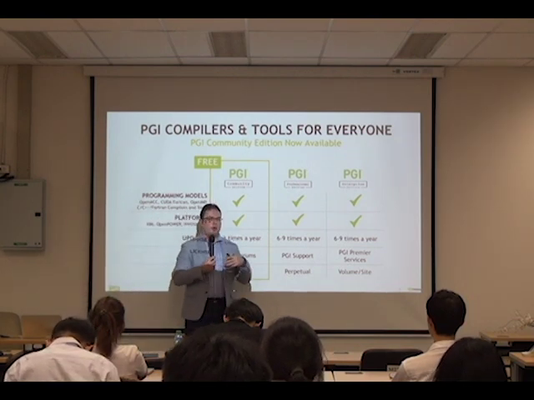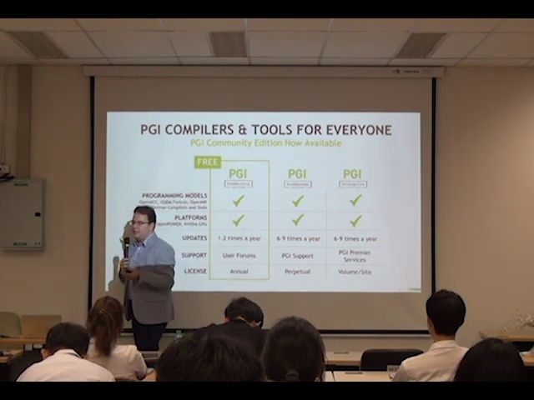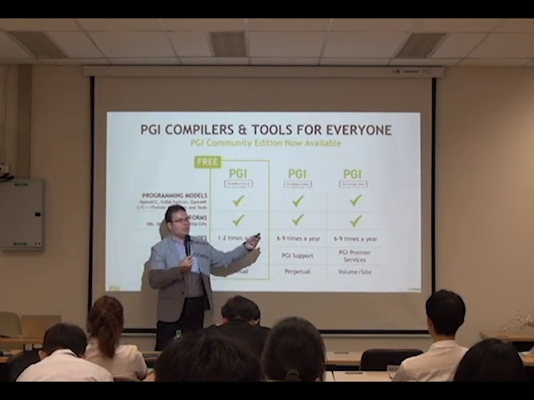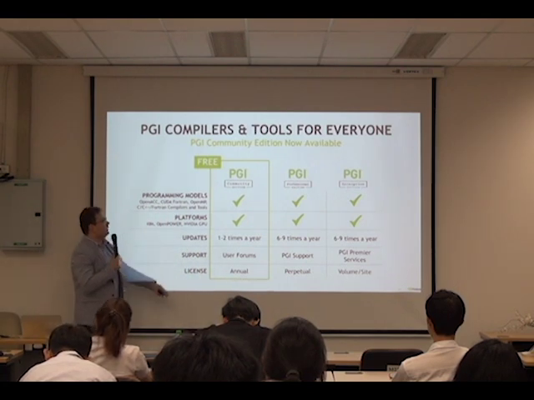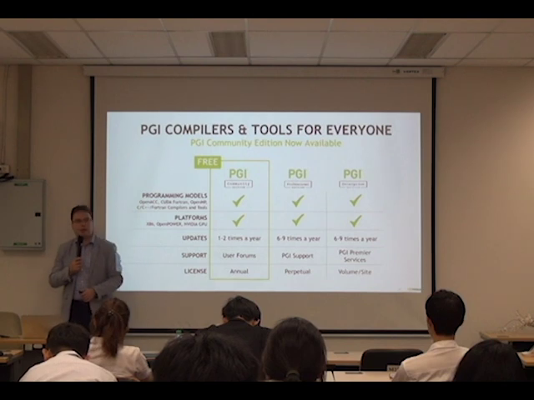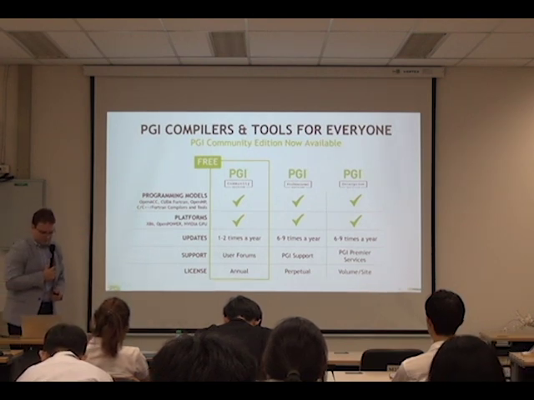If you want to go more on the support side or toward the industry side, we do have professional and enterprise versions which provide additional support. But just to get started, the PGI community edition is very good for you.